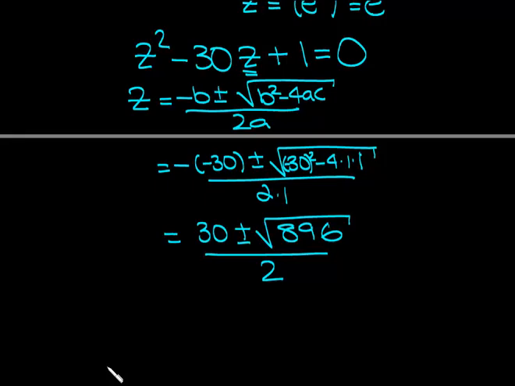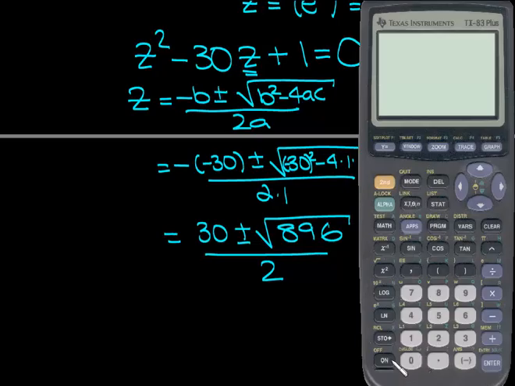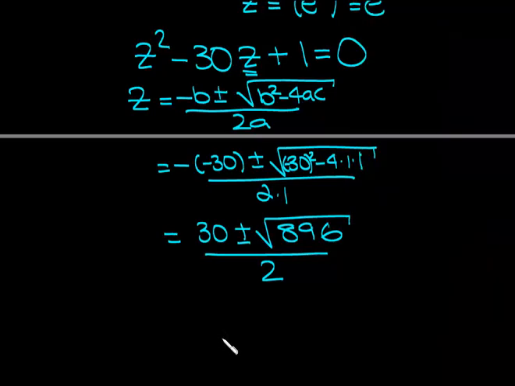Let's see, is it 32 times 14? No, that's not what it is. Times 2. Oh, so it's 64 times 14. Okay, so this radical can be broken down into 64 times 14.